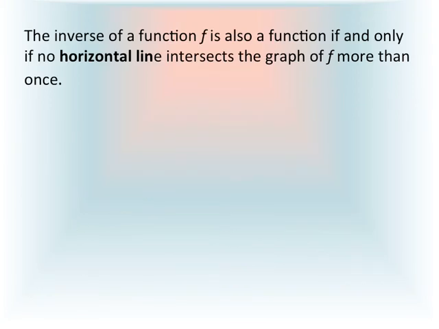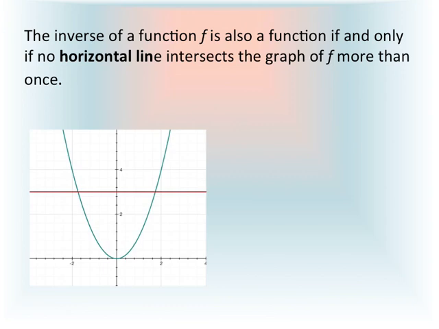What we can see from this example is that the inverse of a function f is also a function if and only if no horizontal line intersects the graph of f more than once. And so we can apply the horizontal line test to the original function.